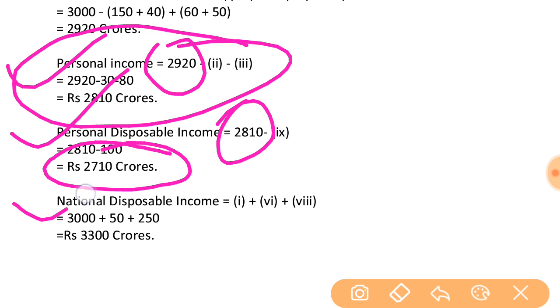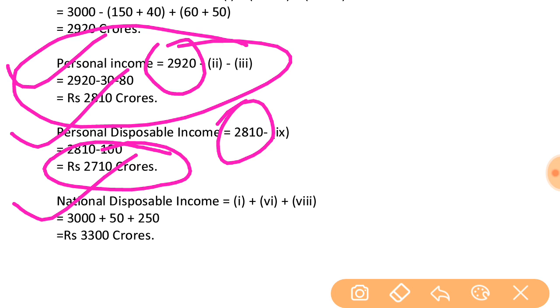So next we have to find out what is national disposable income. National disposable income, according to the definition, is the sum of disposable incomes of all citizens and individuals or institutions of a nation after paying all taxes. It means all the residents of the country, when they pay the taxes, whatever remains is known as the national disposable income.